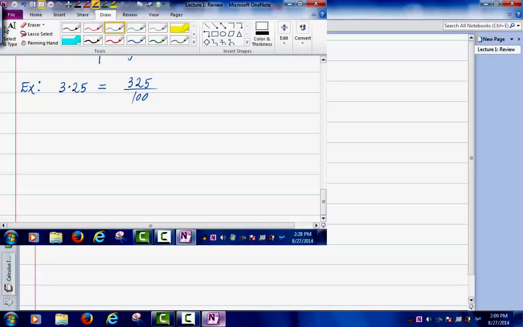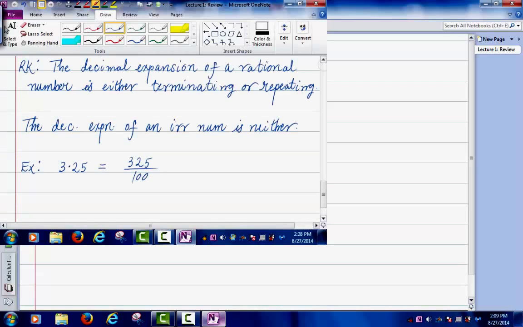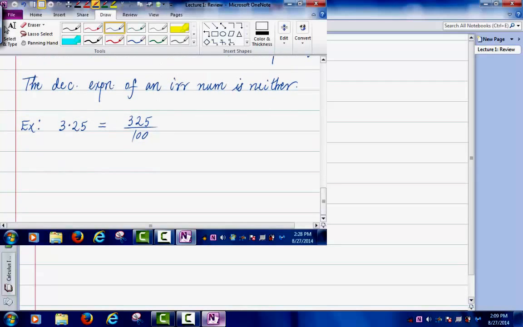How about something repeating? Let's say I have a repeating decimal expansion, let's say 4.17 with a bar over the 17, and this symbol means that this number is 4.17171717, and if you keep saying that, you will probably fall asleep.